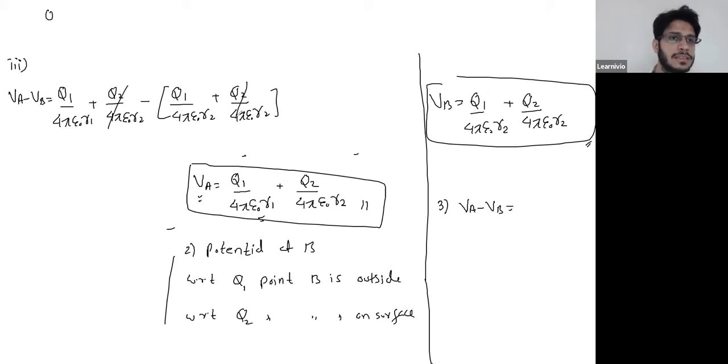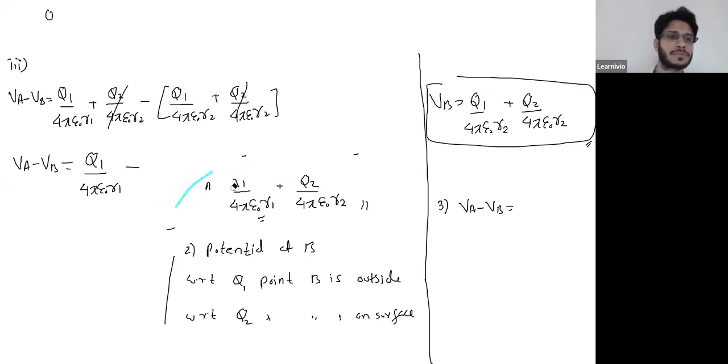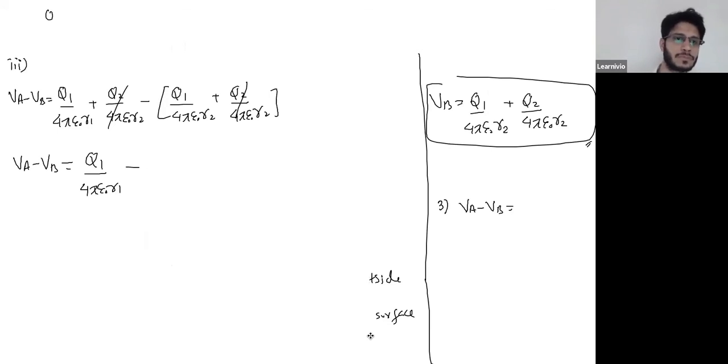So this will cancel the Q2 term, and VA minus VB is Q1 over 4 pi epsilon naught R1 minus Q1 over 4 pi epsilon naught R2.